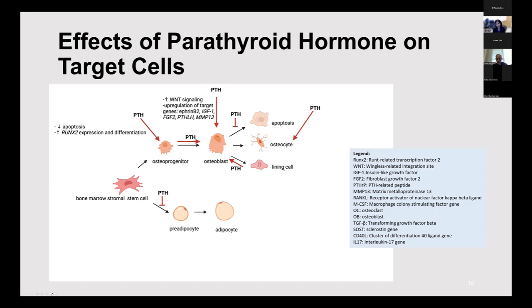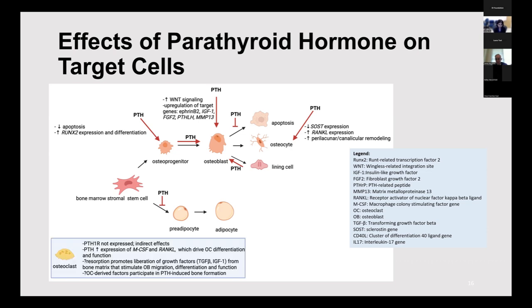PTH also acts on these lining cells in the bone to reactivate them towards osteoblasts. And then PTH also acts on these osteocytes to decrease the secretion of sclerostin and increase the RANKL secretion from these cells. So really a profound effect on different target cells in the bone and the skeleton.